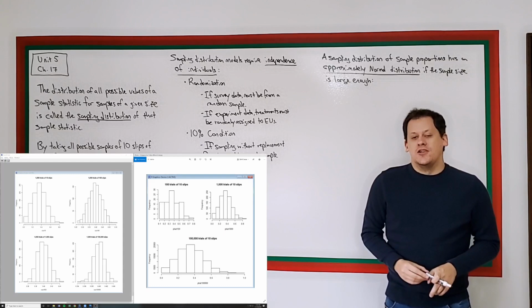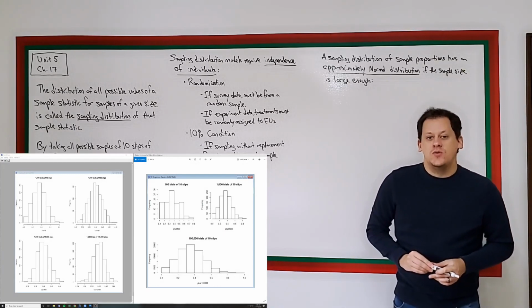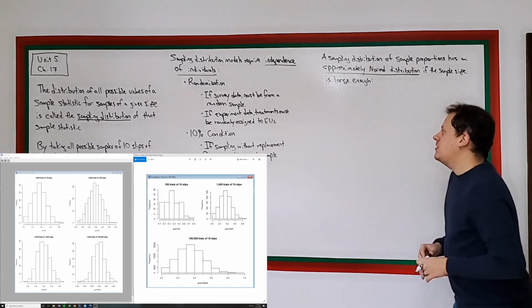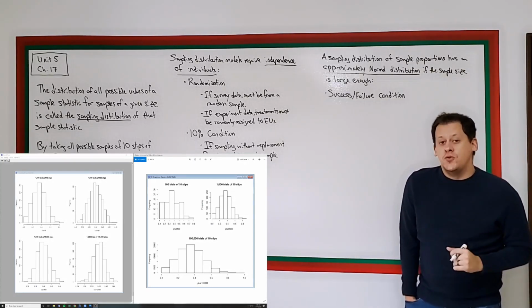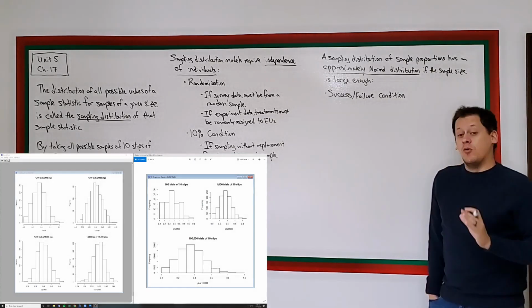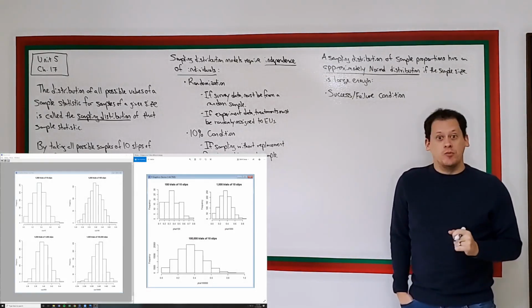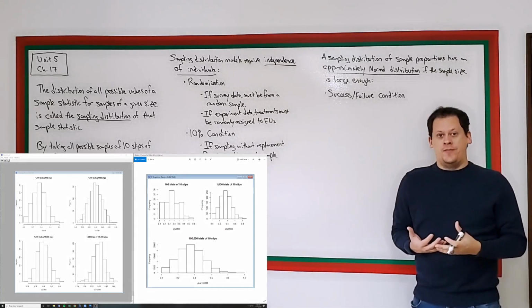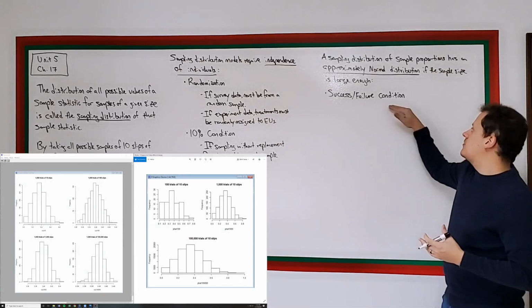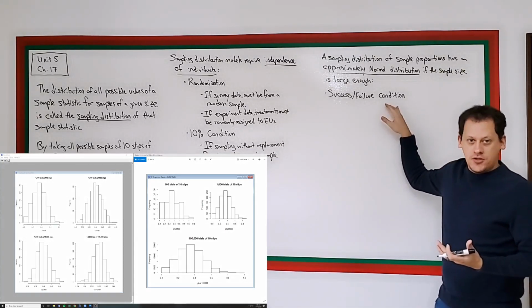Here is the condition you need to meet in order to use this model. It's called the success-failure condition. To be able to use an approximately normal model for the sampling distribution of sample proportions, your sample size needs to be large enough. And to check that, we're going to check what's called the success-failure condition.